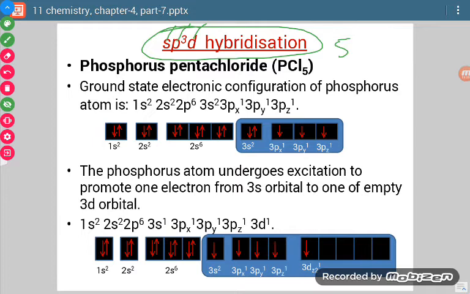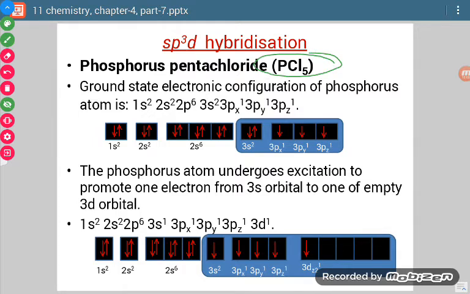There are total 5, so 3 will occupy a triangular form, and they will be in the same plane. One will be above the plane and one will be below the plane, and this will be termed as triangular bipyramidal geometry or trigonal bipyramidal geometry. Now let us take this example.